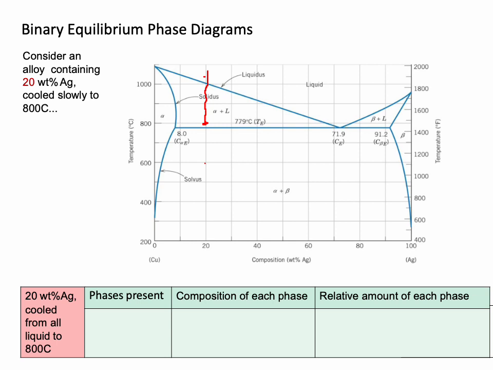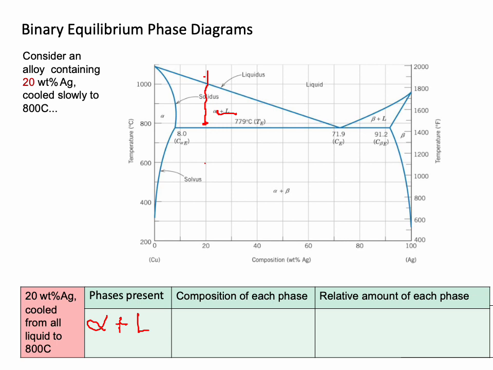All right, so at 800, I'm in this two-phase region, alpha and liquid. So answer to the question, what are the phases present? I've got alpha solid and liquid. We don't give special titles to different forms of liquid because there's only one.